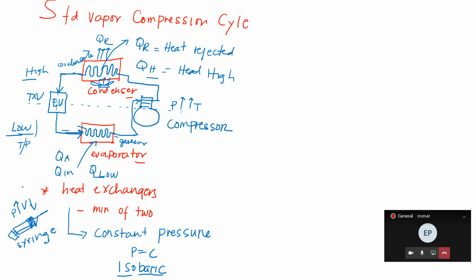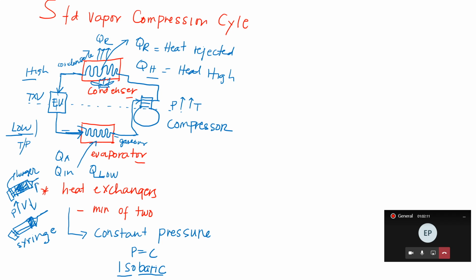Now, what happens when you reverse the process? When you expand the volume, when you pull back the plunger, that element for pushing is the plunger. When I increase the volume, what happens to the pressure? It will relax.